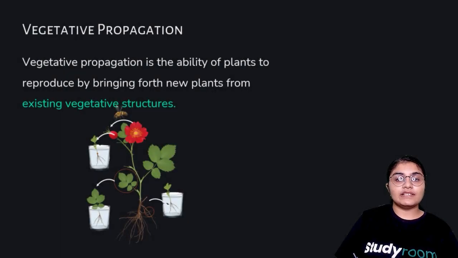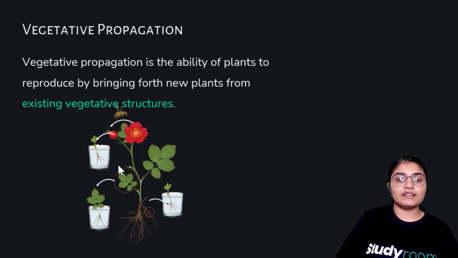Vegetative propagation is the ability of plants to reproduce by bringing forth new plants from existing vegetative structures. So when different parts of the plant give rise to new plants, such a kind of reproduction is known as vegetative propagation.